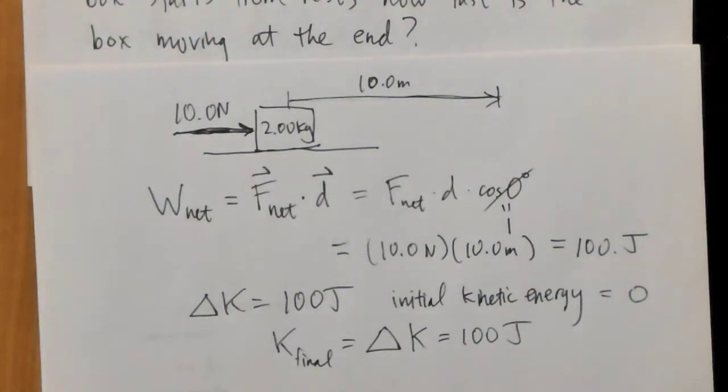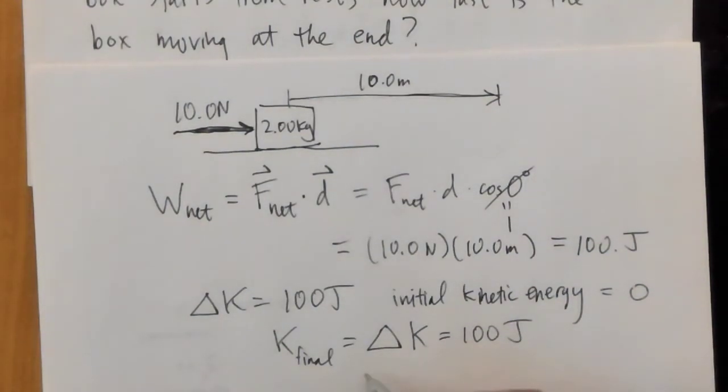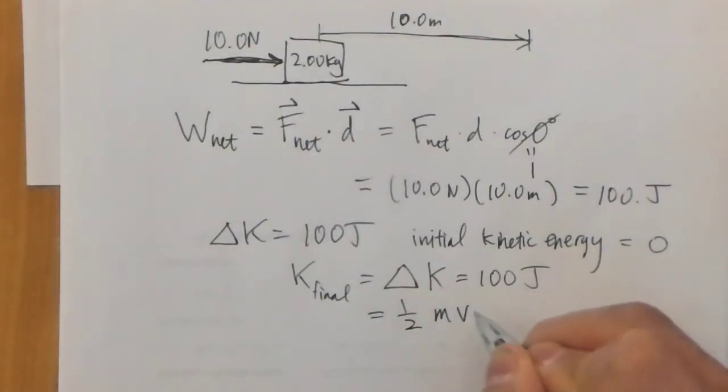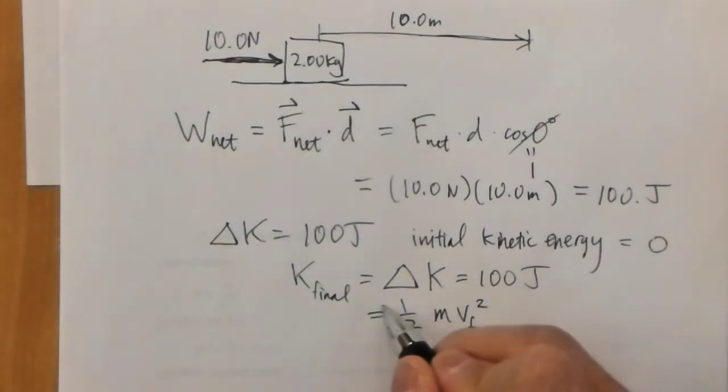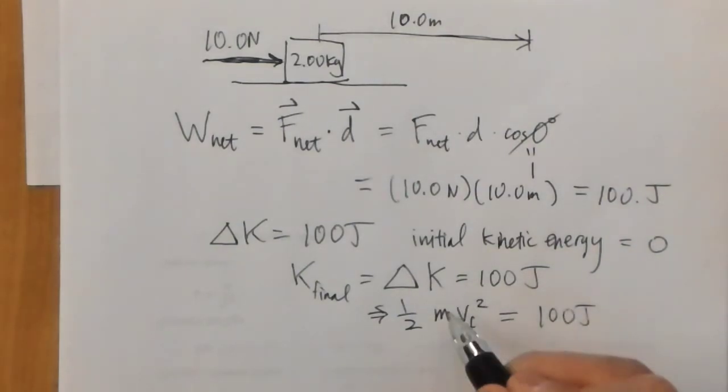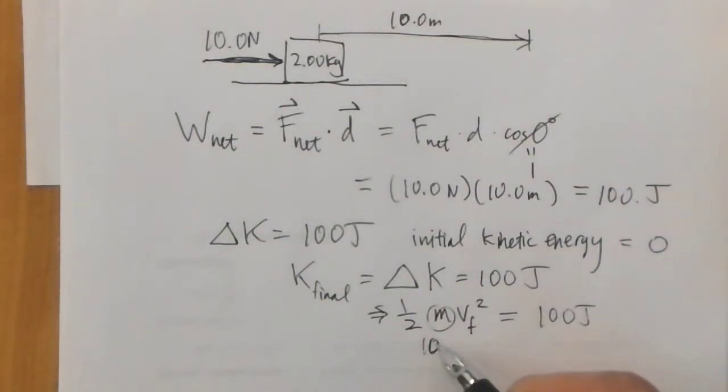We're almost done. So that is going to be also equal to 1/2 the mass times V final squared. Okay. So we have 1/2 m v final squared is 100 joules. This thing was 10. So I can times 2 and divide by 10.